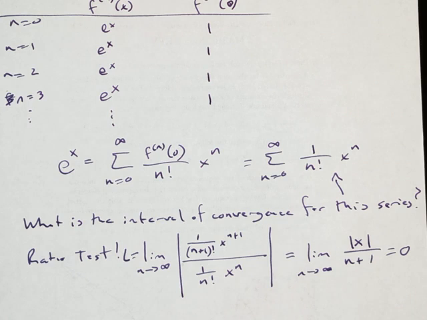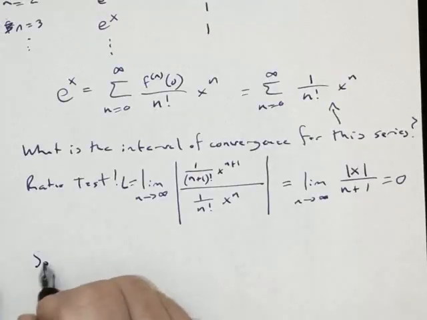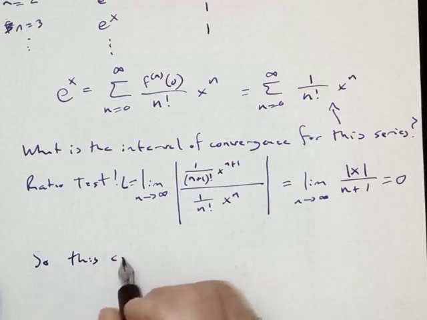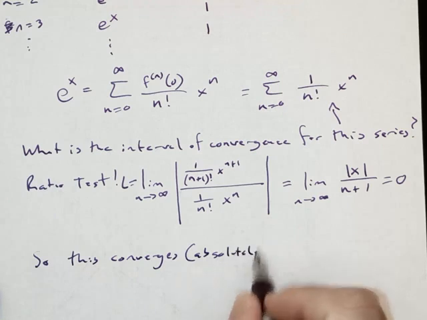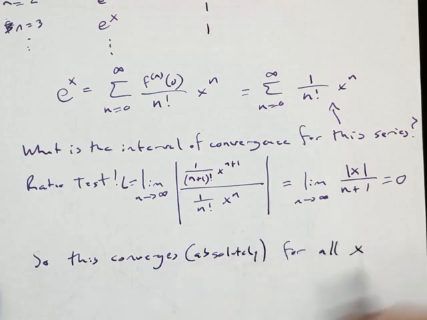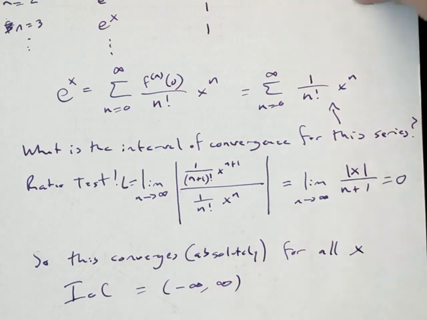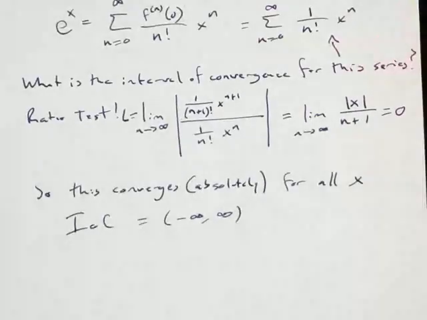This converges absolutely for all x, and the interval of convergence goes from minus infinity to infinity. So not only do I have a Maclaurin series for e to the x, I know that this particular Maclaurin series should be good everywhere.